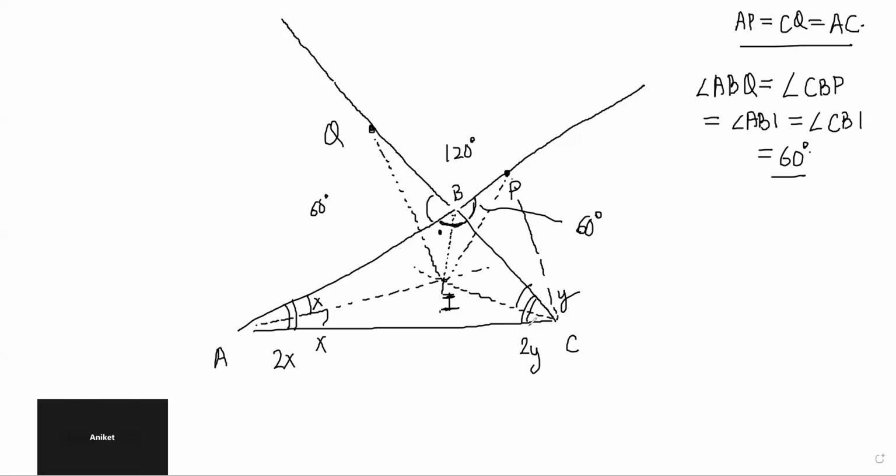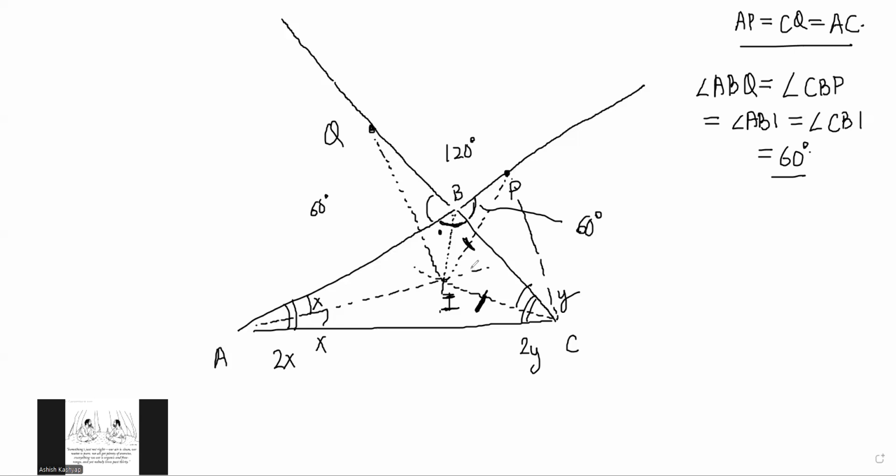Now we know that angle ICP is equal to angle IPC, because IC is equal to IP from congruency. And since AC is equal to AP, then we can say that angle ACI is equal to angle API, by congruency also.